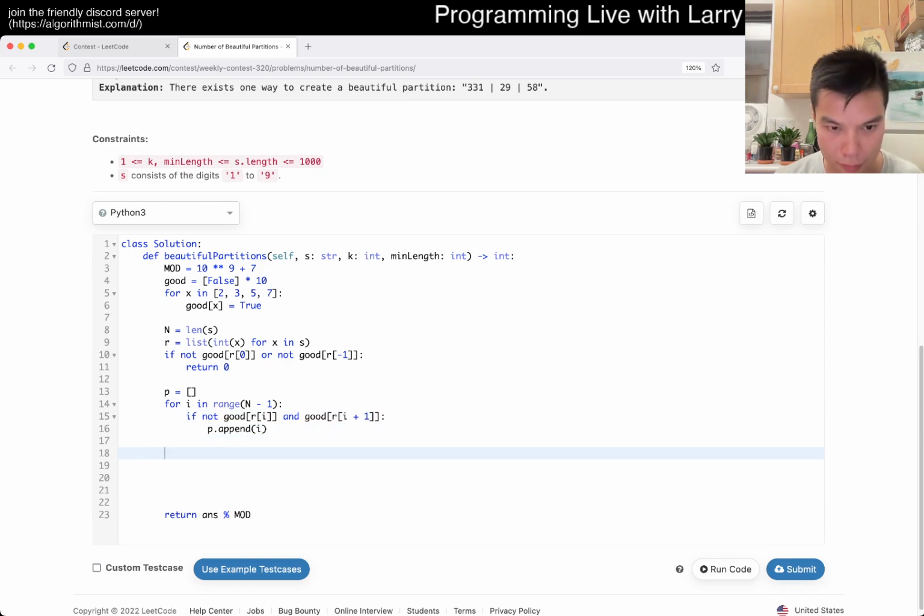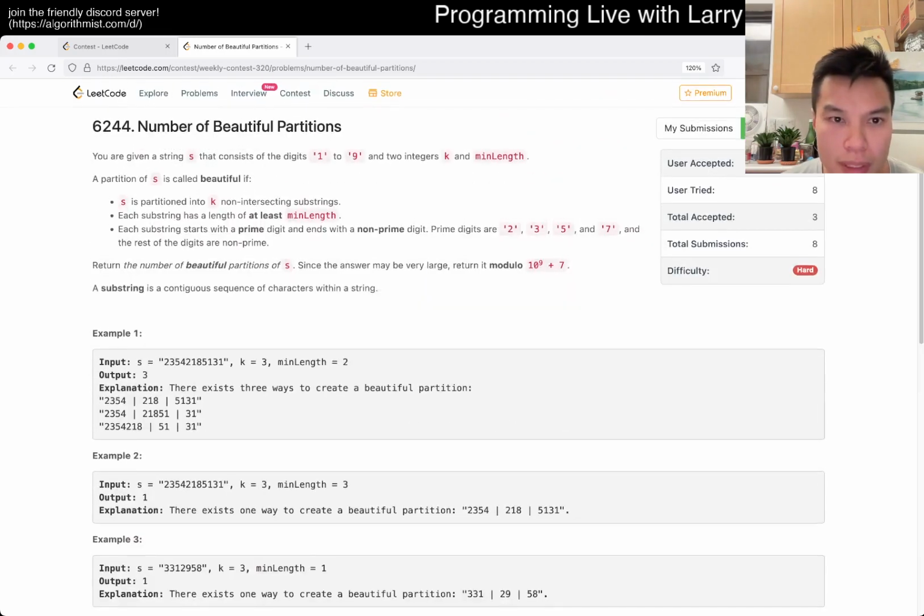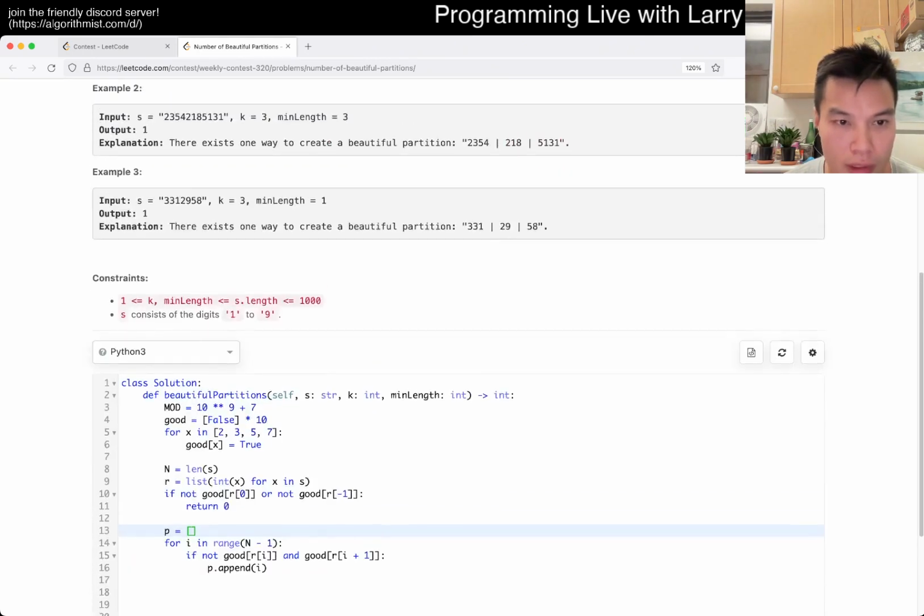Okay, and then oh, this min length, I missed this actually. For some reason I saw 2 and I just assumed everything is 2. Okay, fine. So min length could be 1 though, I guess it doesn't make sense.